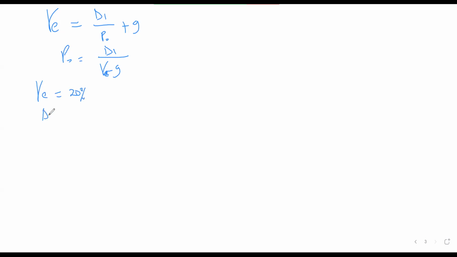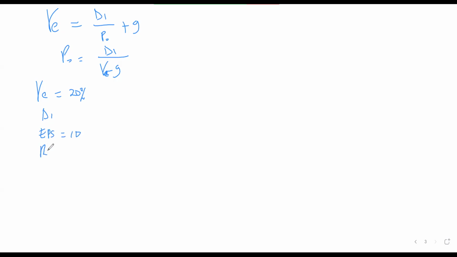What is D1? Do we know D1? Please, are you reading the question? It's 10. Are you sure? The expected earnings per share for next year is 10. But that's earnings. That's not dividend. We were given earnings per share to be 10.